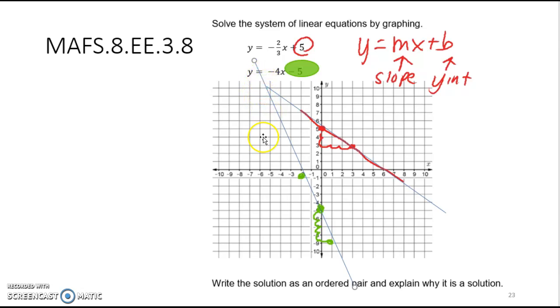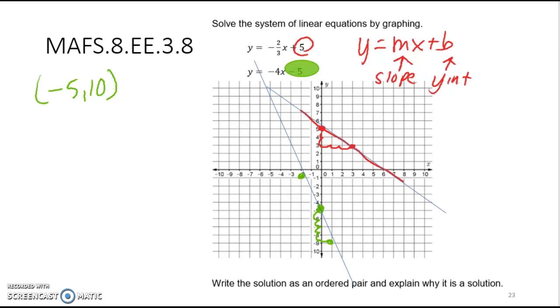So it looks like they're going to intersect right about there, and that would be approximately negative 5, 10.